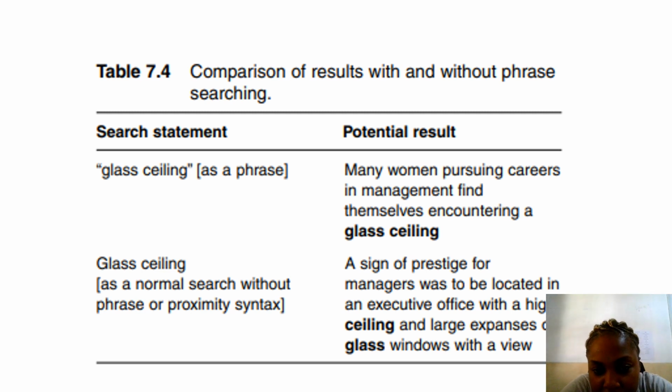So for example, glass ceiling is a phrase, so all the papers on glass ceiling will come. For example, time management is a phrase. So you type time management, all the papers on time management will come. Skills laboratory, if you type skills laboratory, all the papers for skills laboratory will come out. So this is just too simple.